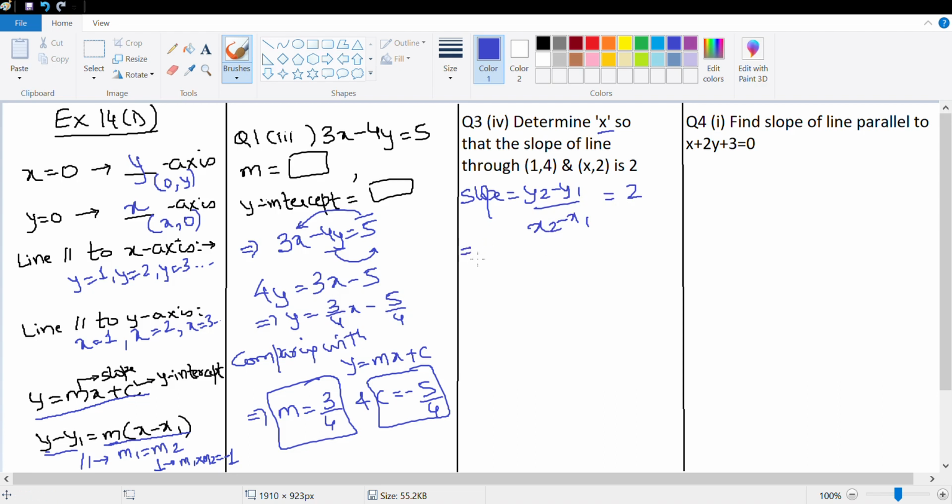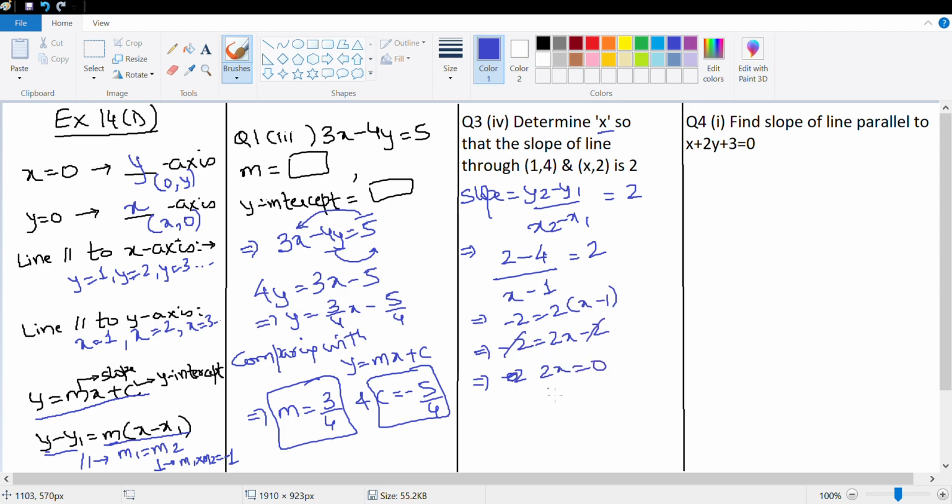So let's substitute values. y2 is 2 minus y1 is 4, x2 is x, and x1 is 1, and the required slope is 2. This is -2 is equal to 2 times (x minus 1), which means -2 is equal to 2x minus 2, which means -2 and -2 get cancelled, which means 2x is equal to 0, which means x is equal to 0. So the value of x is 0.